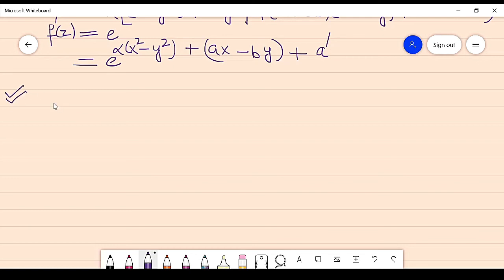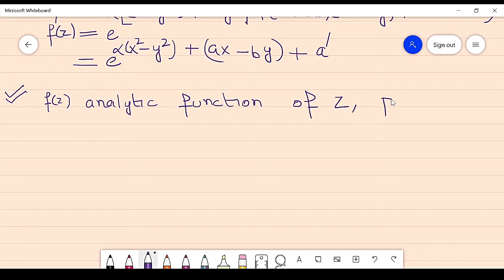So the next question is: if f of z is an analytic function of z, that is the given part. Then prove that. So what is the question?